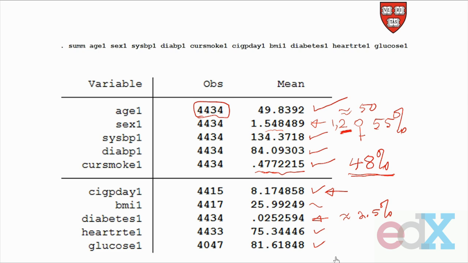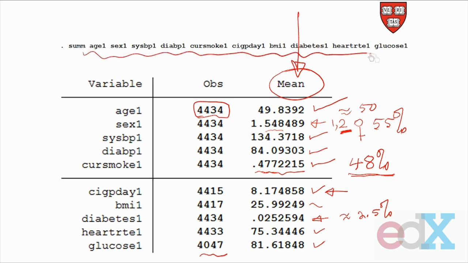Now, be careful, because there were roughly 400 people or so who did not report their glucose level at the first visit. So at least by looking at this column here, the mean, we get an idea about where these variables are centered.